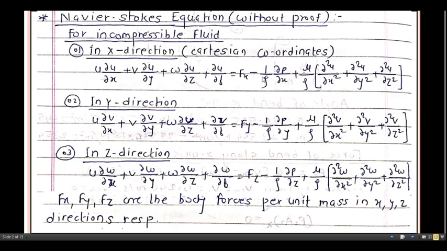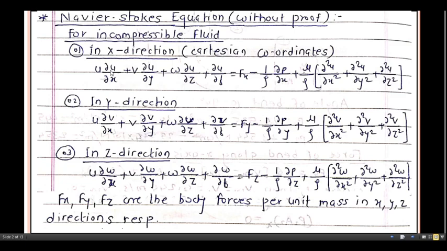We can get this equation in this way: u into ∂u/∂x plus v into ∂u/∂y plus w into ∂u/∂z plus ∂u/∂t equals Fx minus 1 upon rho into ∂p/∂x plus mu by rho into ∂²u/∂x² plus ∂²u/∂y² plus ∂²u/∂z². Now we can get the equation in the y direction in this way.